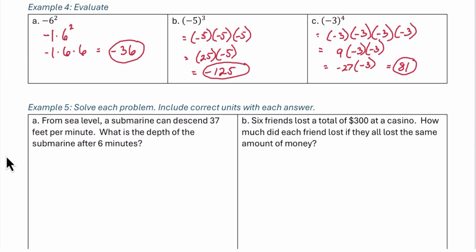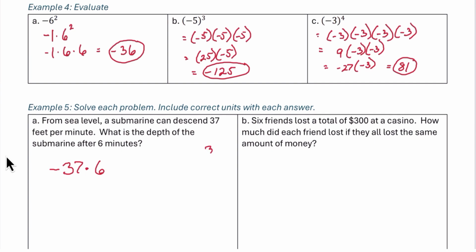In the next example, we'll look at some applications. From sea level, a submarine can descend 37 feet per minute. What is the depth of the submarine after 6 minutes? If it's 37 feet per minute, we can multiply 37 times 6. And we can think of that as negative 37 since it's going down.